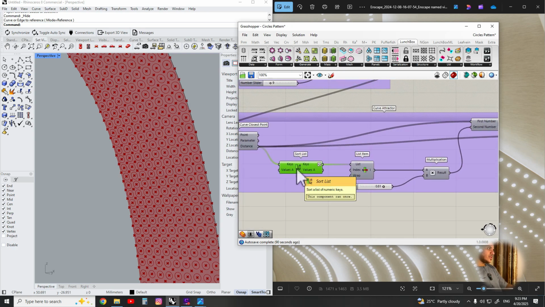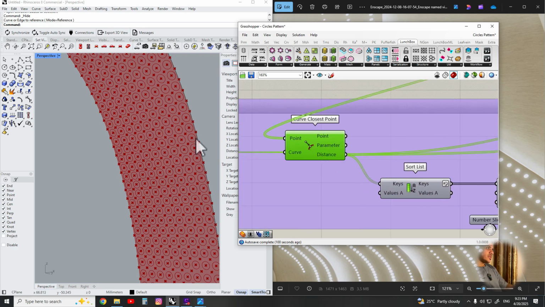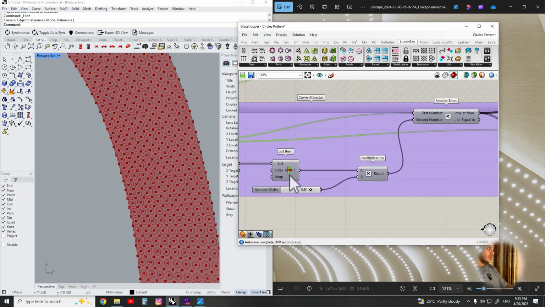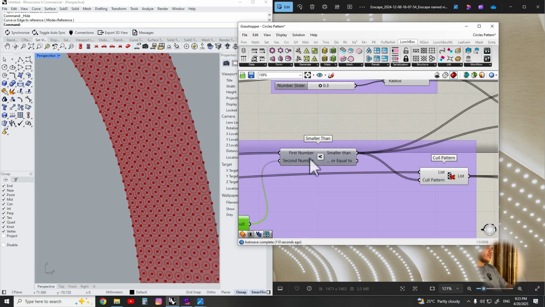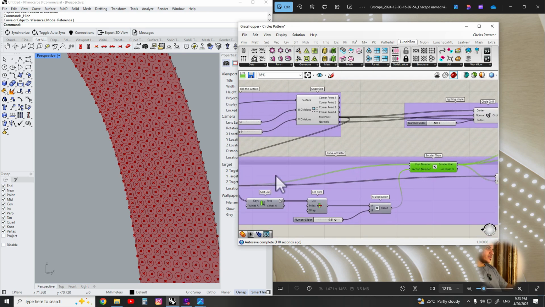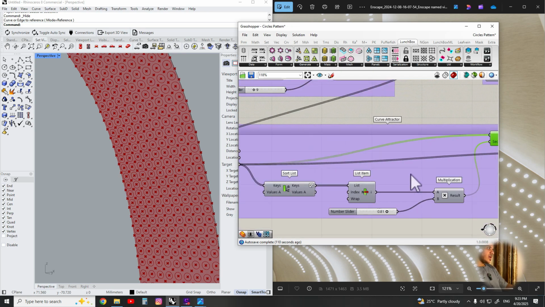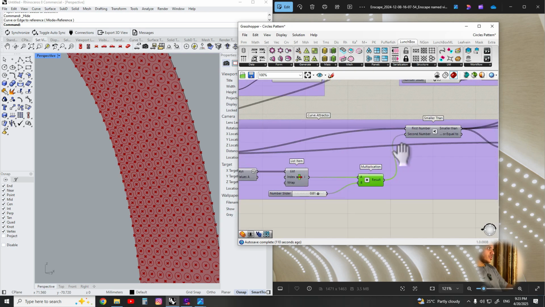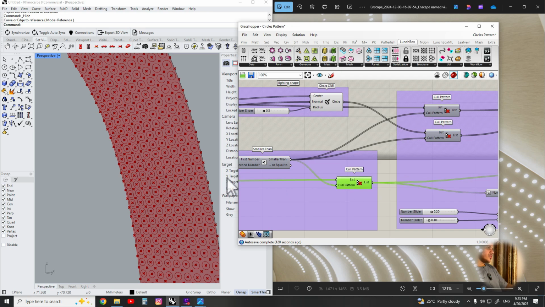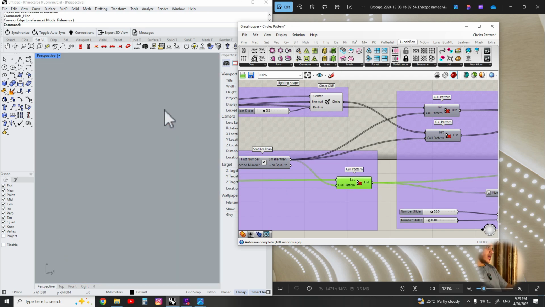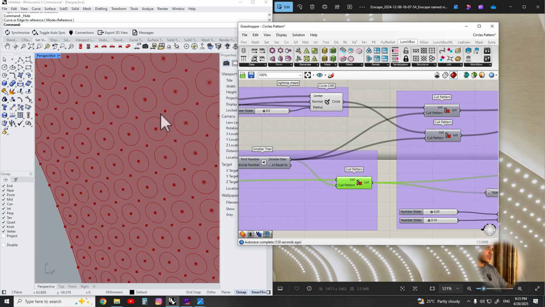So sort the list, so you can have the distance between the curve and the points, and list it. Then a multiplication to use with Smaller Than. The first number is the distance, and the multiplication is the second number. I did this just to avoid any clashing circles. As you can see here, this point is ignored, and this point we have.